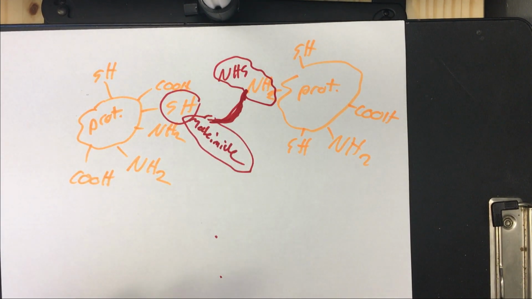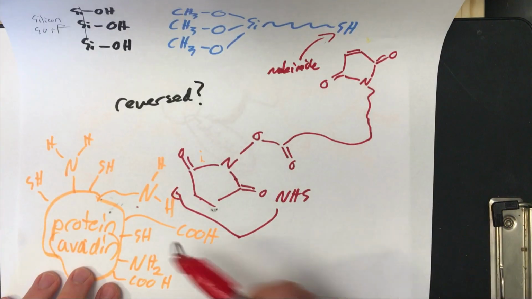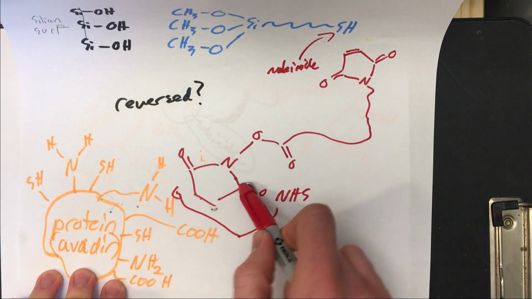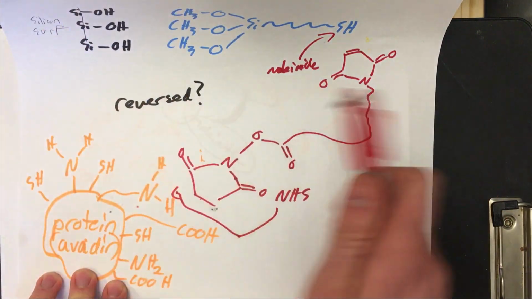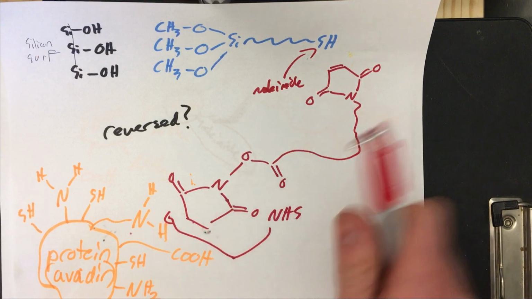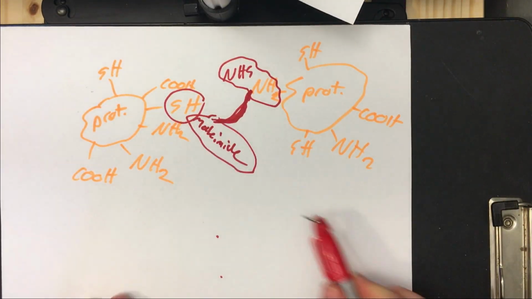So what would happen? Before I had a chance to get these proteins attached to the SH groups that I want on the surface, I would be cross-linking these proteins with one another.